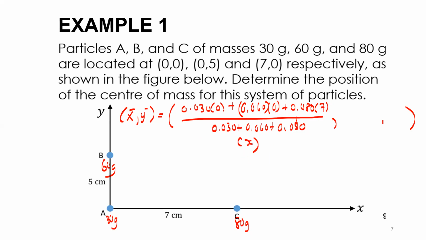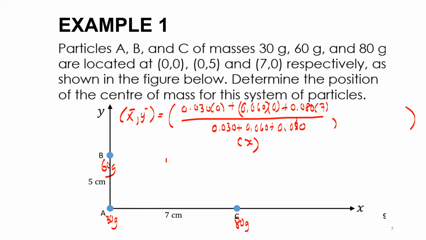You do the same thing for y, referring to the coordinate of y multiplied by the mass. For y, only the second coordinate, b, will have a value for y. The other two, a and c, are at 0.